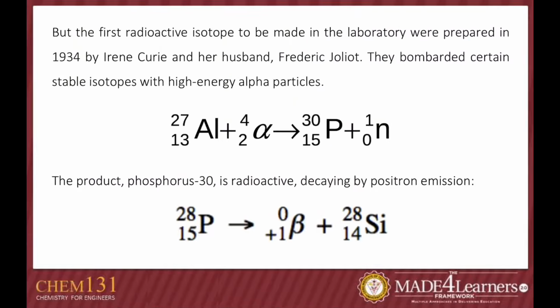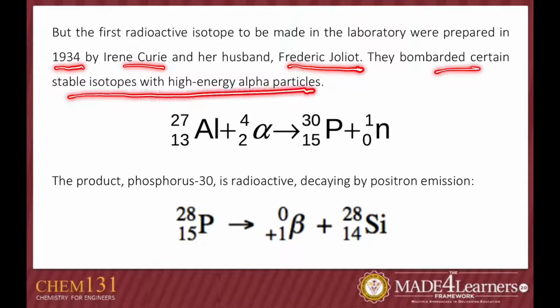So what Rutherford produced was stable, so the first radioactive isotope made in the laboratory using his process was prepared in 1934 by Irene Curie and her husband Frederick Joliot. What they did, they bombarded certain stable isotopes with high energy alpha particles.